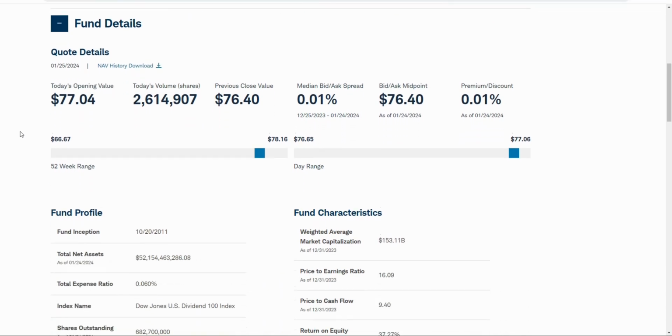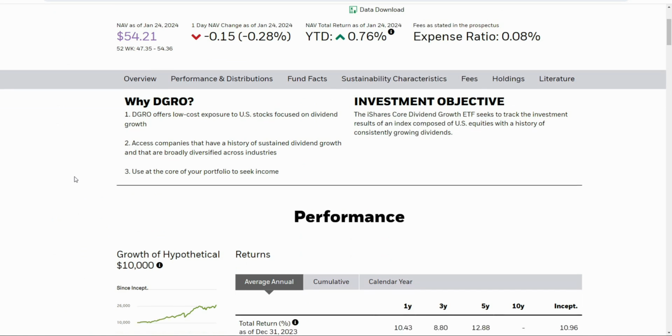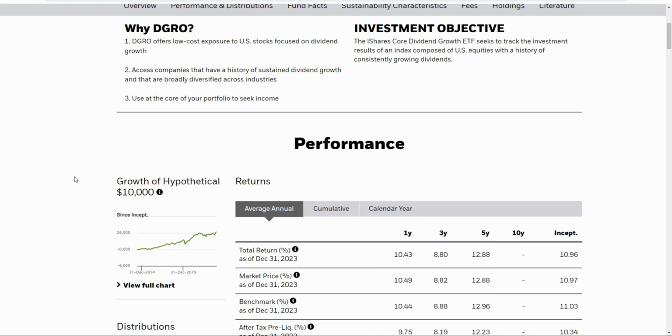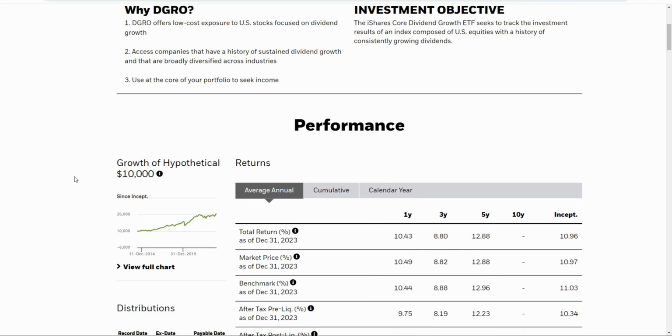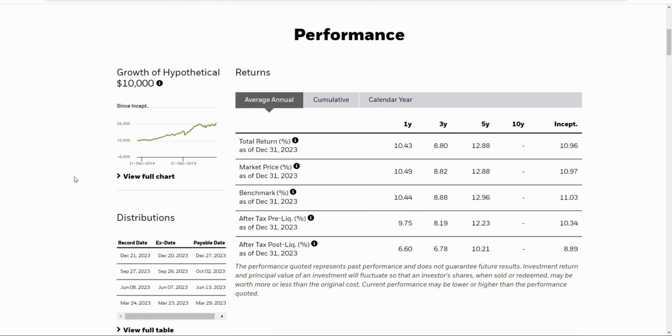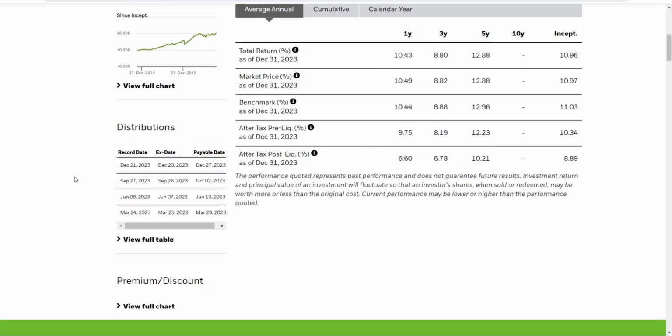But if you are an overall market investor that does want to have a focus on dividends too, I think that DGRO will probably be the better bet long term, possibly in regard to growth, because it tracks a larger portion of the overall market.